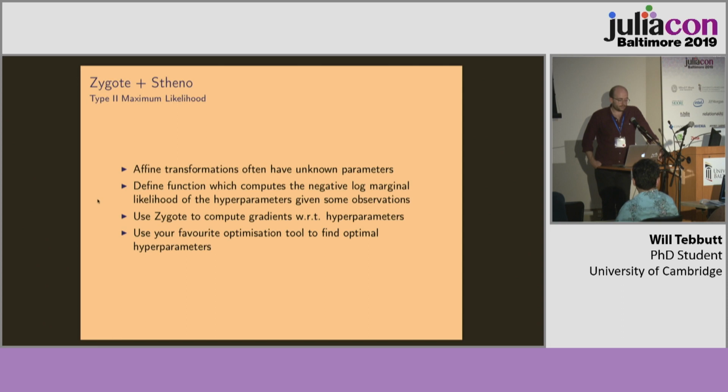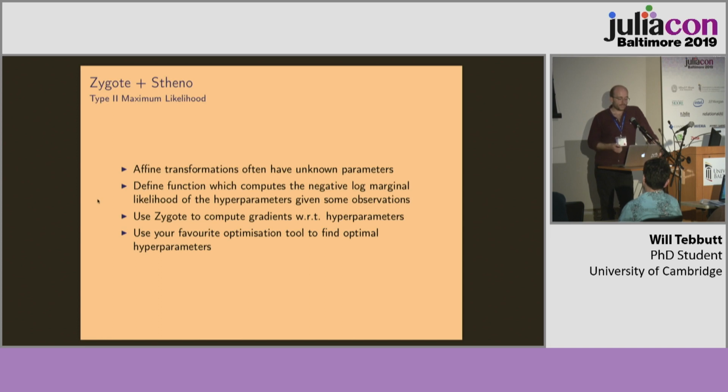The thing that I omitted here, that people who know GPs will know, is that these affine transformations will almost always have uncertain parameters. If you're scaling a GP by some amount, how much are you scaling it by? If you're warping the input to a GP, changing the length scale, changing how quickly or how slowly it should vary, those properties are governed by hyperparameters. So you need a way of tuning those hyperparameters.